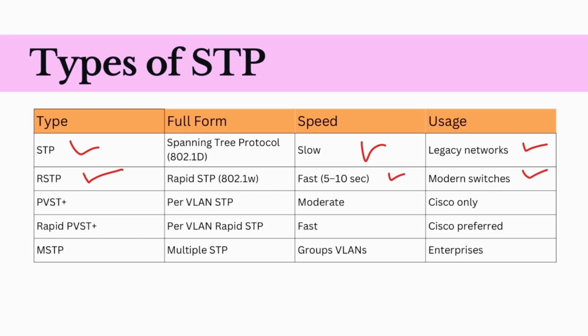And PVST+, Per VLAN STP, which is moderate in speed and used by Cisco switches. And Rapid PVST+, Per VLAN Rapid STP, which is fast and Cisco preferred. And MSTP, Multiple STP, which groups VLANs and is used in enterprises.